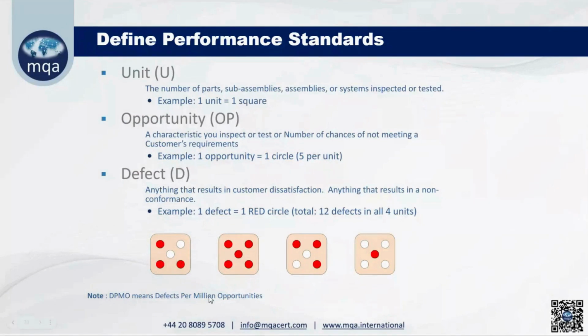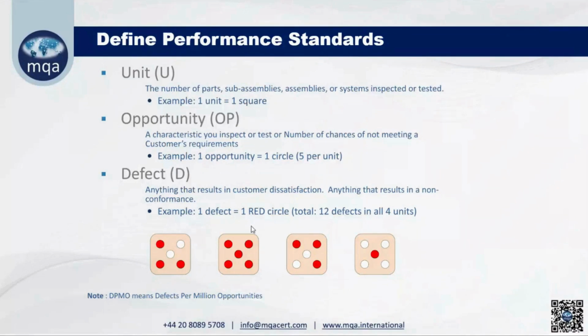We have 4 parts and each part has 5 dots, so the opportunity is 5 circles per unit. The total opportunity is 5 plus 5, 10, plus 5, 15, plus 5, 20. So the total number of dots is 20.